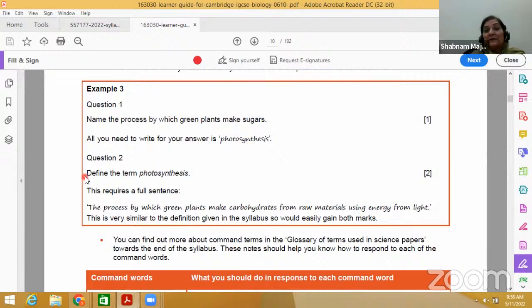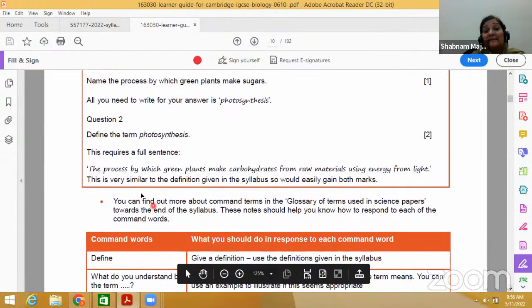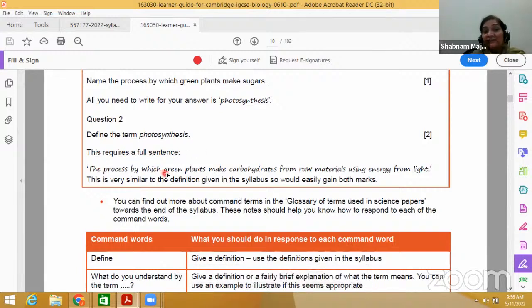Question number 2. Define the term photosynthesis. Now, the command term is define, and this is for 2 marks. This requires a full sentence: the process by which green plants make carbohydrates from raw materials using energy from light. If you elaborate a little bit more, it's fine.